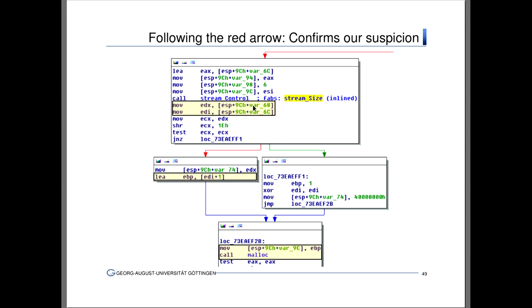So here, the return value is actually stored in 2 registers, because you can't really do it differently on a 32-bit platform, right? But then, as they add 1, they really just add 1 to one of the registers, because they're going to be using a 32-bit value anyway, so they might as well truncate it here. Right? And then this flows into the malloc, and there you go. You have your integer overflow leading to a heap-based buffer overflow.